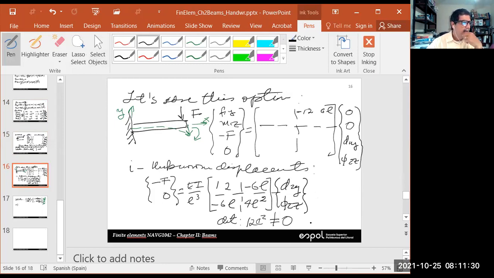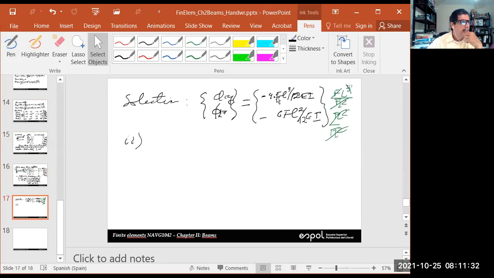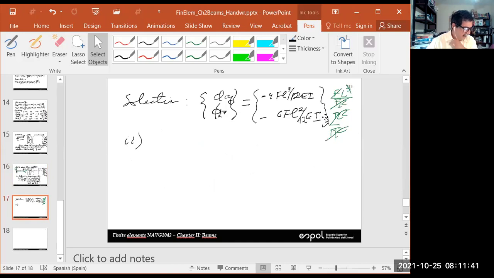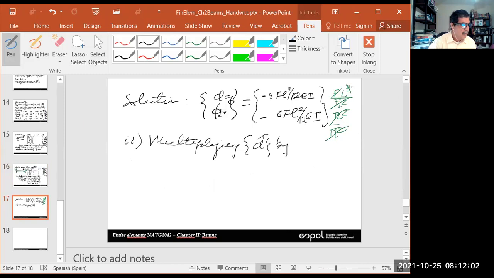And we see here that this is 4 over 12, this is 6 over 12. So we do this multiplication, and the result is going to be that we get reactions.